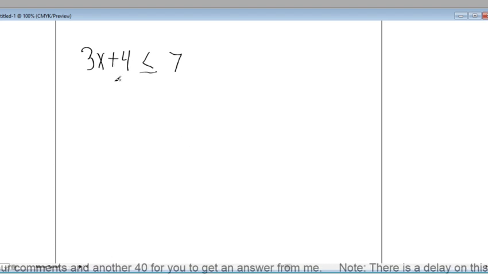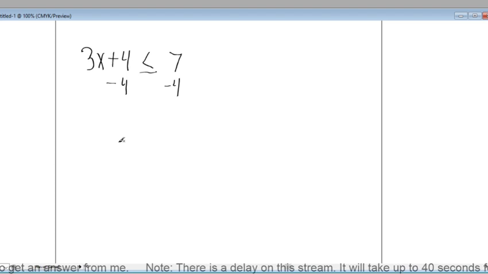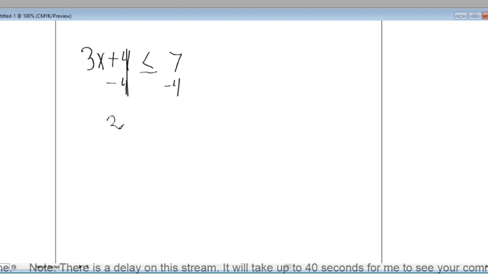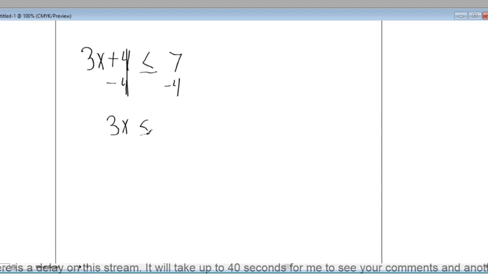So we can solve this again by moving things until we get x by itself. So minus 4 to both sides. So that cancels there. 7 minus 4 is 3. So we now have 3x is less than or equal to 3.